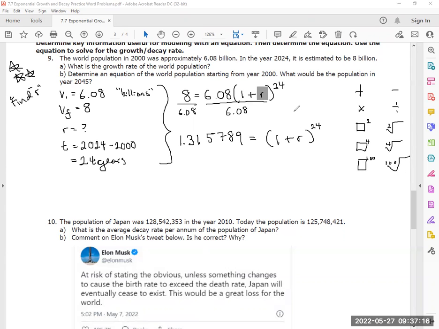So how this changes, and please use a highlighter, put a sad face, do whatever you need to mark this question. To get rid of an exponent of 24, you are going to take the 24th root on both sides.